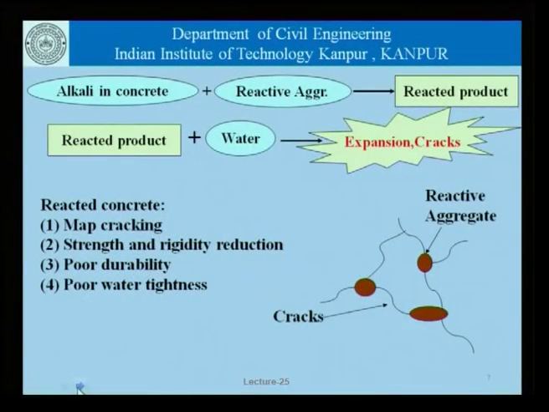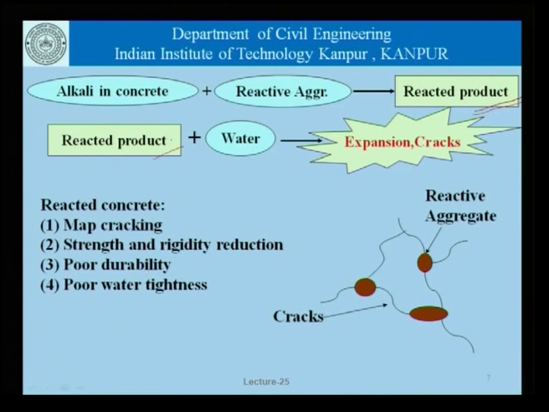And once they come together in a concrete, we have a reaction product, and this reaction product is basically a gel, which in itself is innocuous, but it has the tendency to absorb water, and once it absorbs water, it swells and induces cracks of the variety that we saw in the picture just now.